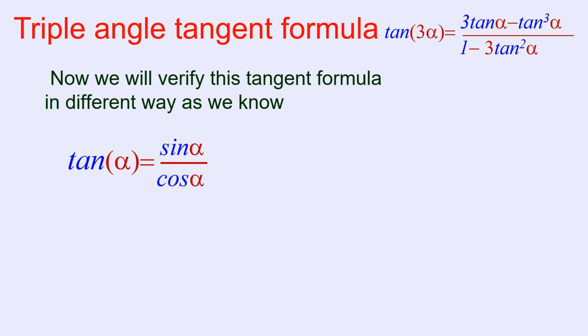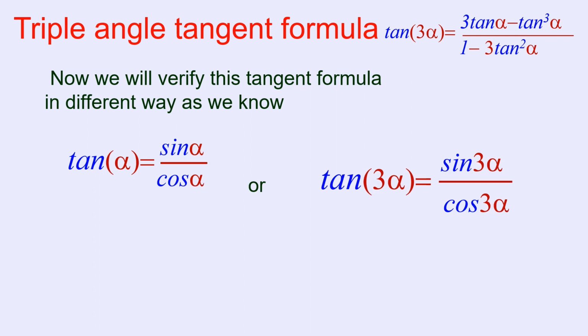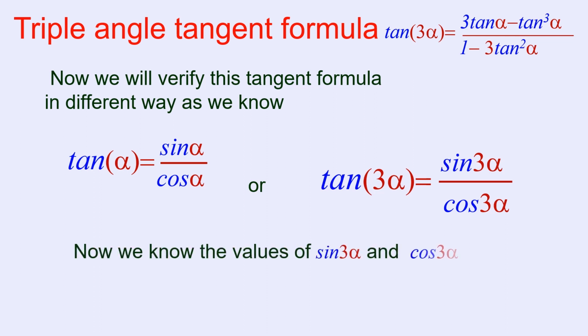As we know, the tangent of alpha equals the sine of alpha divided by cosine of alpha, or tangent of 3 alpha equals the sine of 3 alpha divided by the cosine of 3 alpha. Now we know the values of sine of 3 alpha and cosine of 3 alpha. We put these values and proceed.